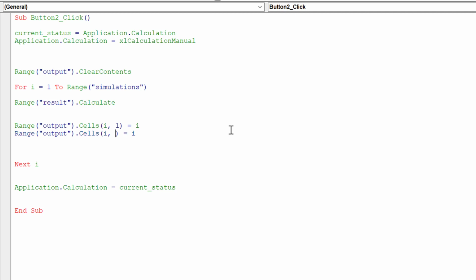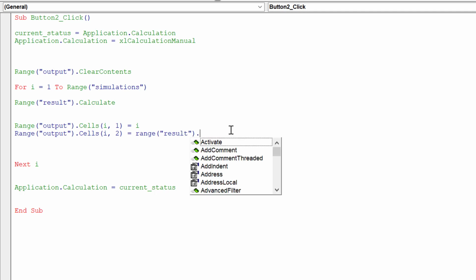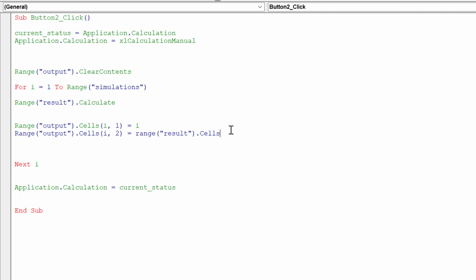And then on our second column, we're going to put range result.cells. Now we could have probably done it easier. We always just got 1 and 1.